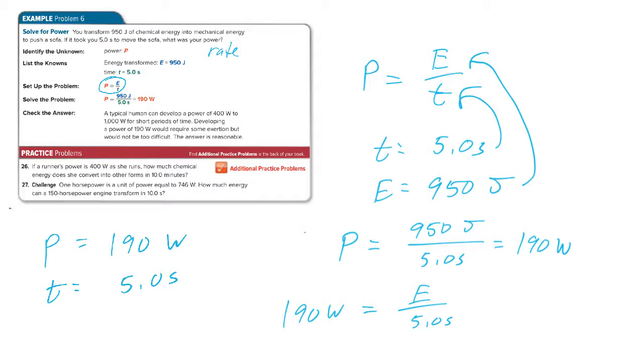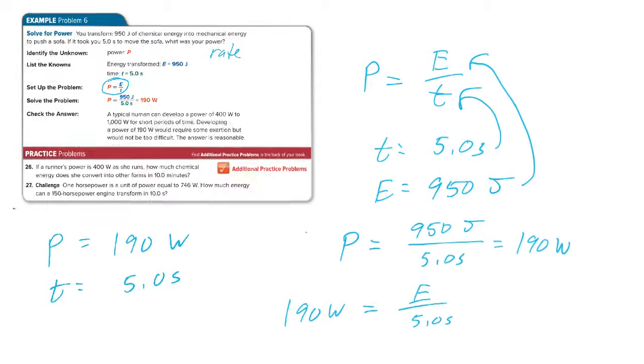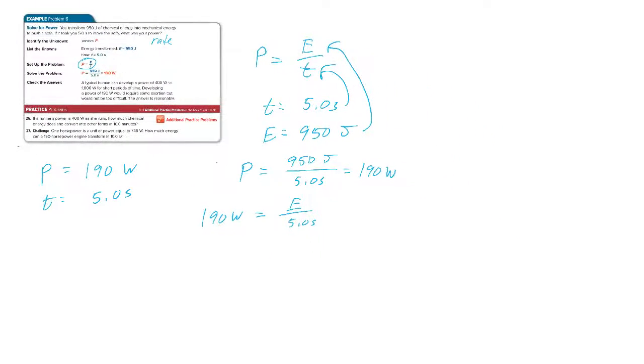So let's see if we can shrink some of that down, move it up here. What you have to do is multiply both sides here by 5. That makes that cancel out. Actually, you've got seconds there as well. So now 190 times 5 should give you 950 joules. And you're left with this E here, so that's your energy.